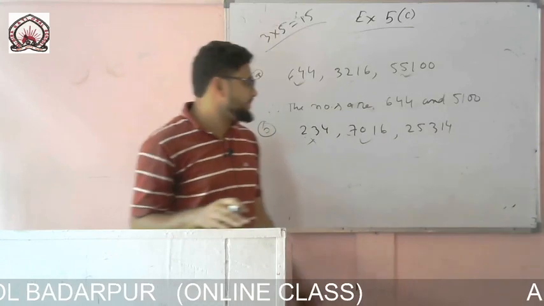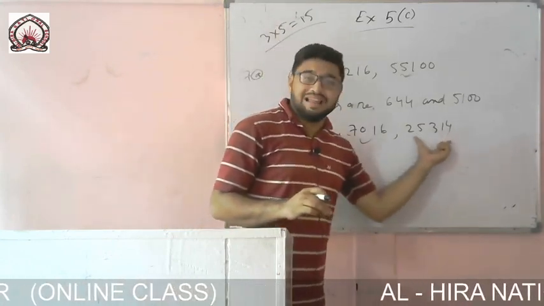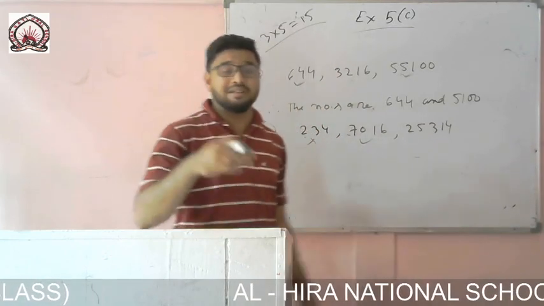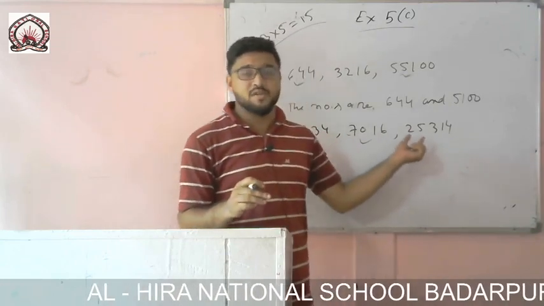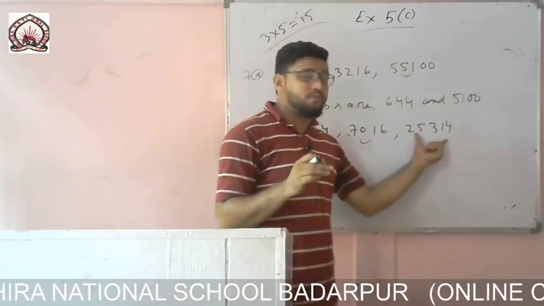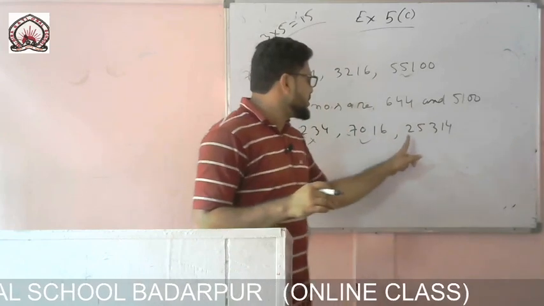Now come to this one, 25314. The number is even, so it is divisible by 2. Whether it is divisible by 6, we need to check with 3 also. If the number is divisible by both 2 and 3, then it is divisible by 6. We have already checked 2. Now let us check 3.